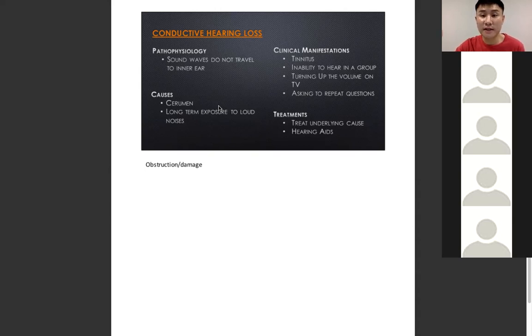Clinical manifestations are tinnitus, inability to hear in a group, turning up the volume on the TV, and asking to repeat the questions multiple times. Treat the underlying cause. If the patient's ear is impacted with cerumen, meaning earwax, we just have to remove the earwax, or we provide them with hearing aids. So conductive hearing loss is mostly about obstruction and damage of the ear.